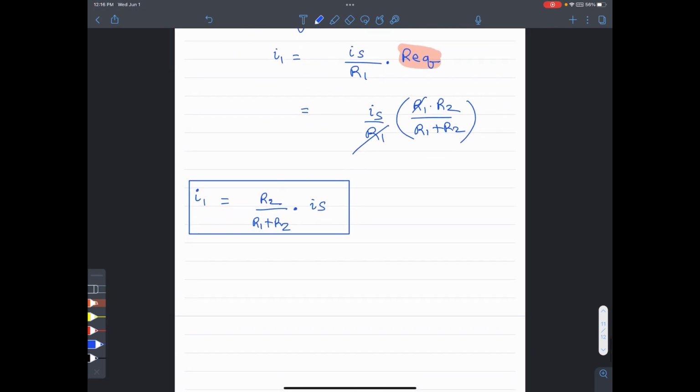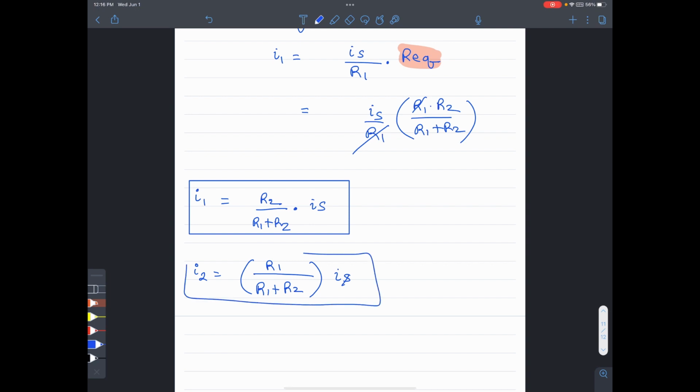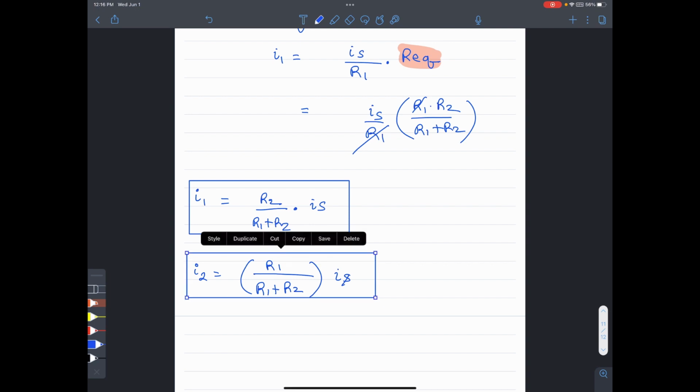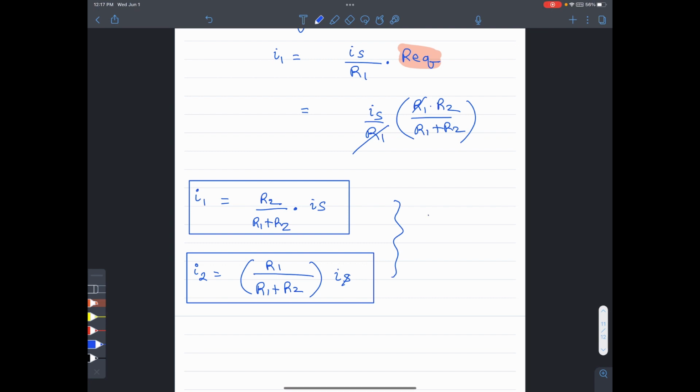Now you can also show that I2 is R1 by R1 plus R2 times Is. If you think about it, the relationship between the resistances and the currents is inverse. You will see that the larger resistance has a smaller current and the smaller resistance has a larger current. So this is the notion of current division.